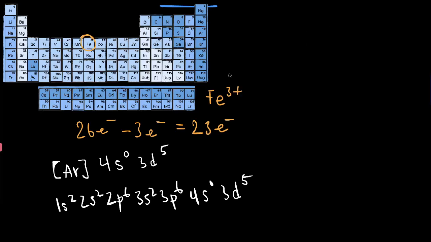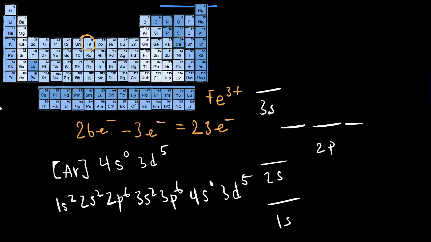So to draw out the orbital diagram here, let us start, again, as we did before, with our 1s, followed by 2s, 2p, then 3s, 3p, 4s, and then 1, 2, 3, 4, 5 for our 3d.